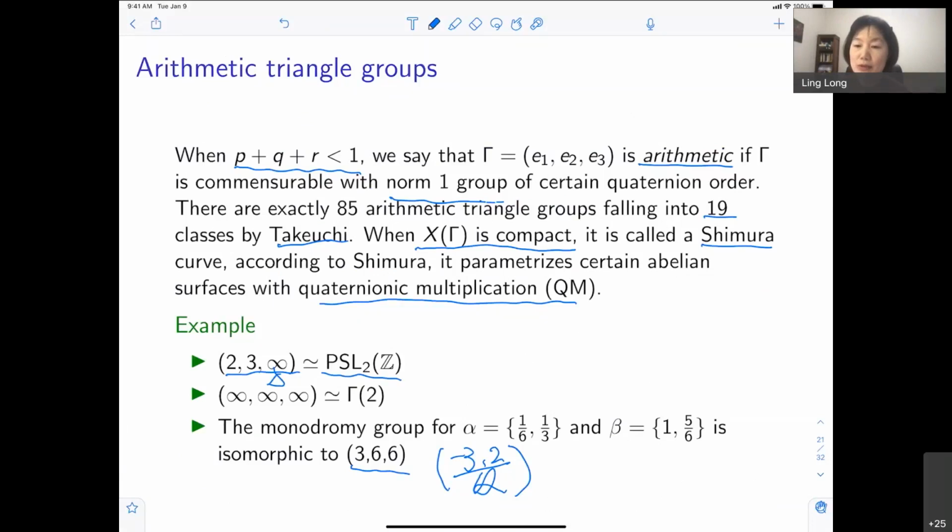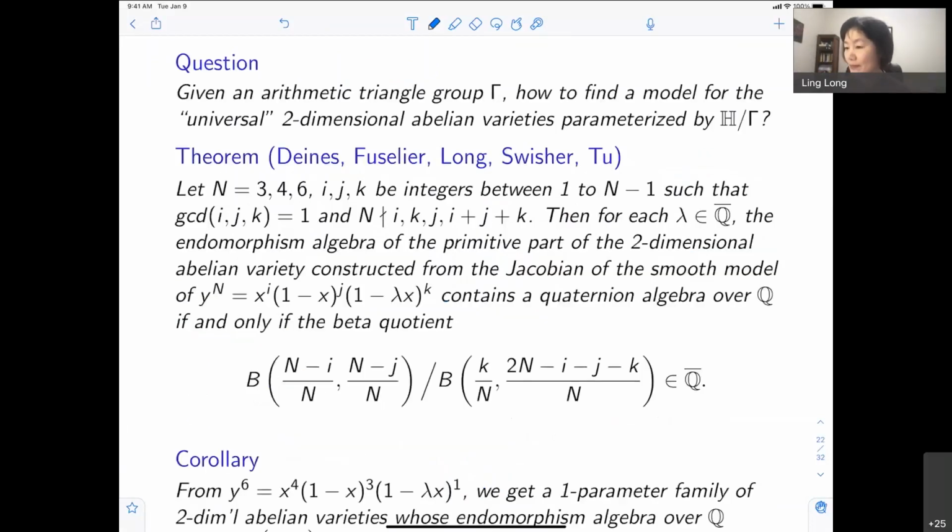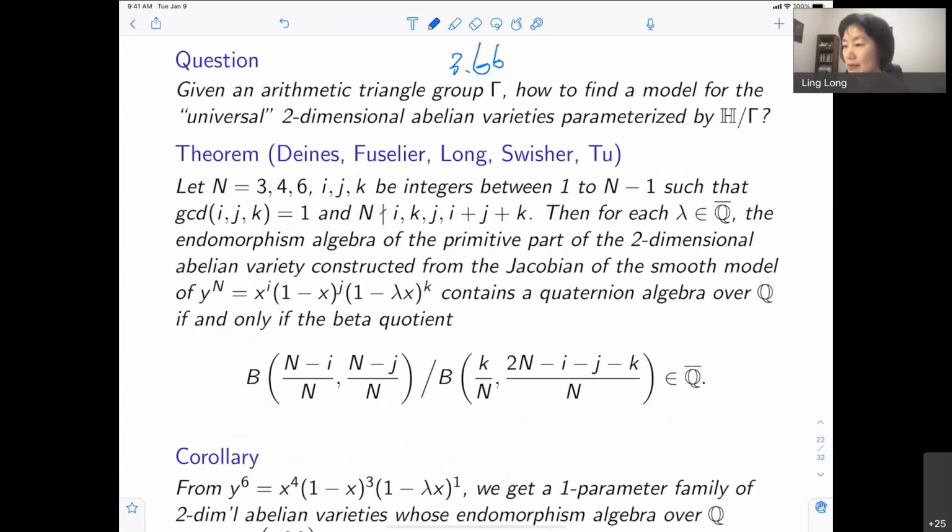Okay. So one natural question we would like to ask is, we know that (3, 6, 6), according to Shimura, is actually classifying two-dimensional abelian varieties with quaternion multiplication, in the sense that there is an operator i, operator j, i squared is minus 3, j squared is 2, right?